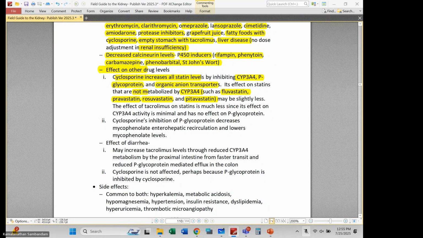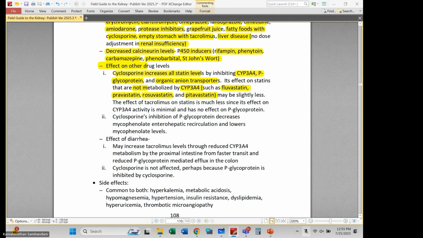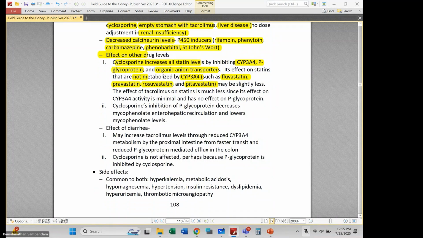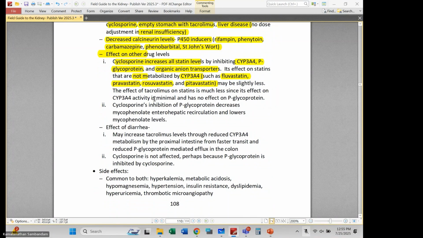You do need to do that for cyclosporin because it also has effects on P-glycoprotein, on organic anion transporters that inhibits the metabolism of all statins, okay, including fluvastatin, pitavastatin, and rosuvastatin. The interaction is less, but it still does interact with those other statins. Okay. Yes, I've said here tacrolimus interactions on statins is much less. Okay.